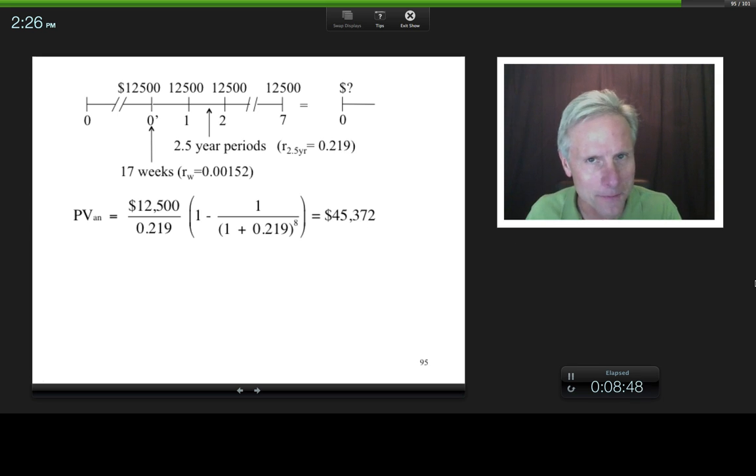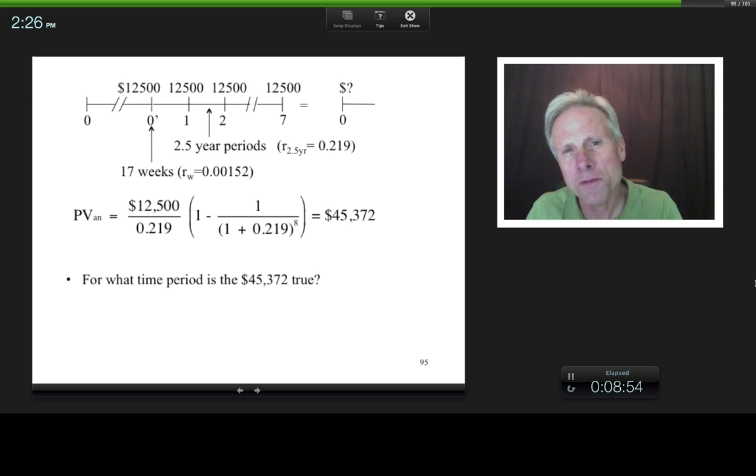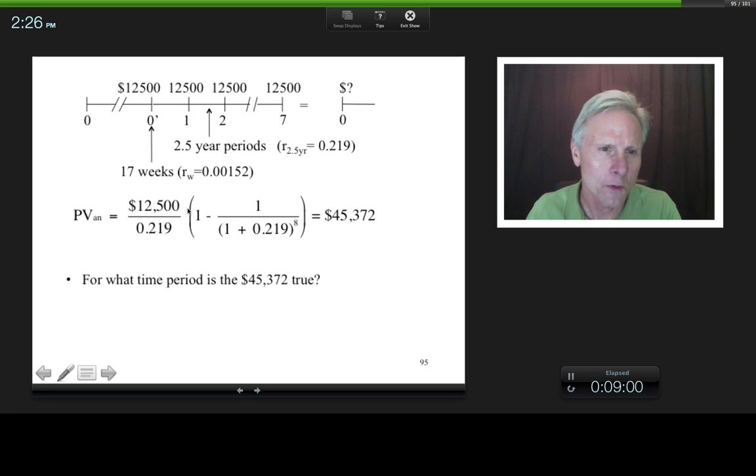Now here's the kicker, okay? This will really test your understanding. For what time period is that $45,372 true? Well, when you apply this formula, is the solution at the same time period as the first cash flow, so the first 12,500 in this example, or is it one period earlier?